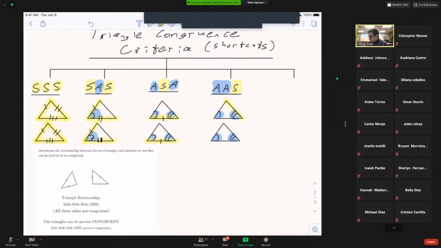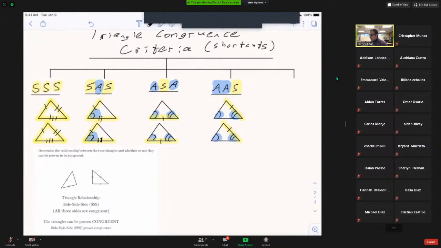So I'm just going to pick this one over here. And that would be AAS. Two angles and a side that is not in the middle. And that's a shortcut there for that one.